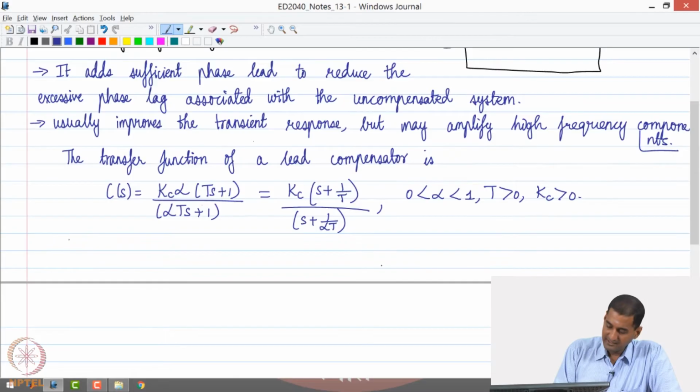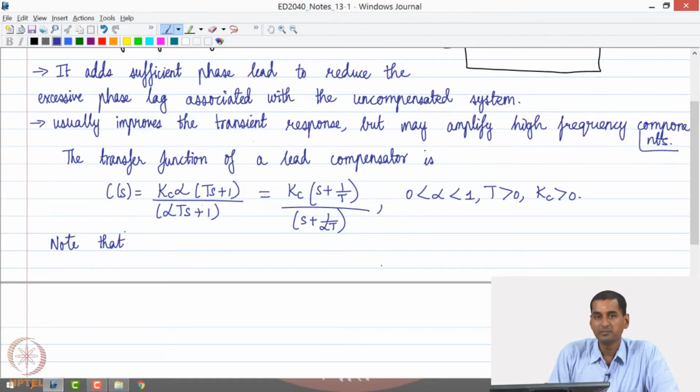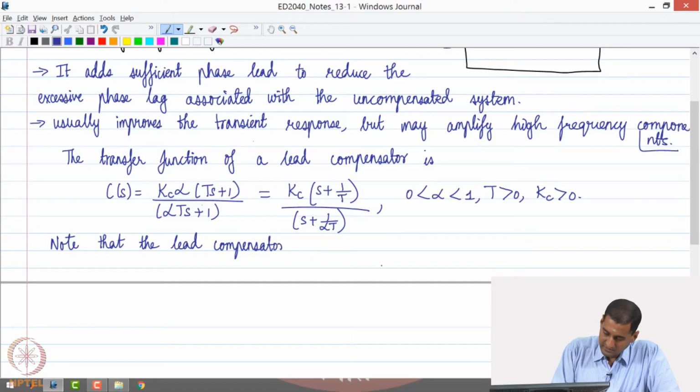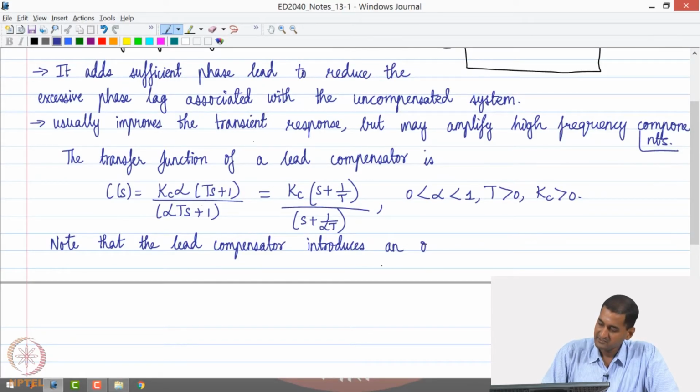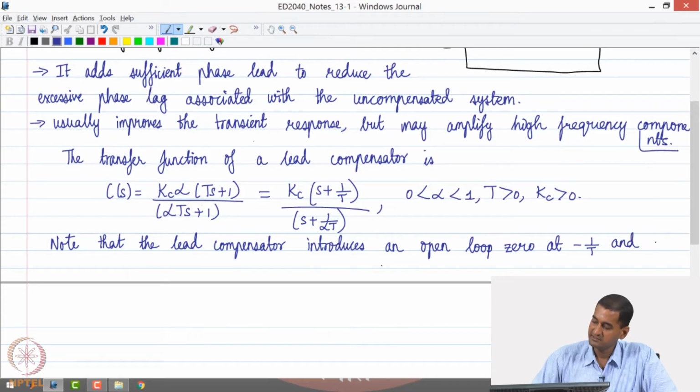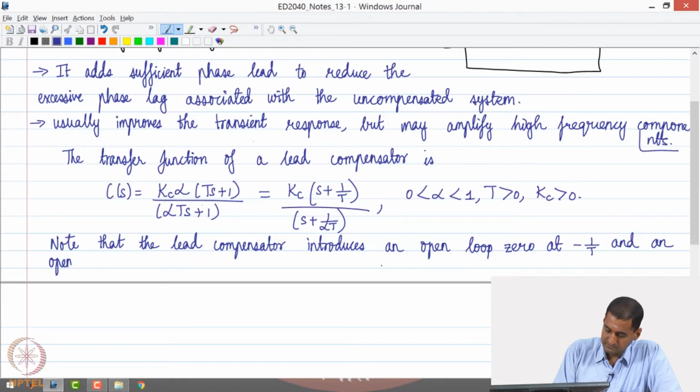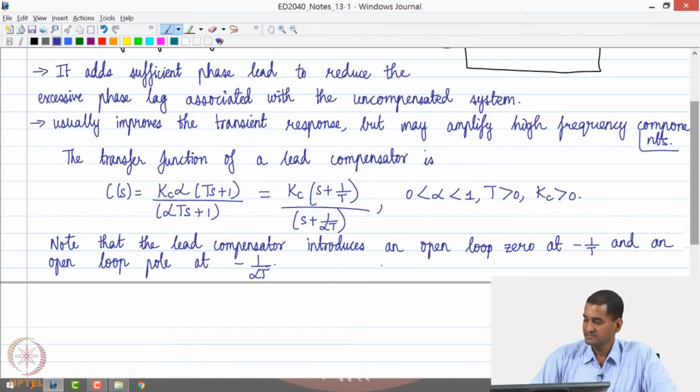Immediately we can observe that the lead compensator introduces an open loop pole and an open loop zero. It introduces an open loop zero at minus 1 over T and an open loop pole at minus 1 over alpha T. So that is what happens in a lead compensator.